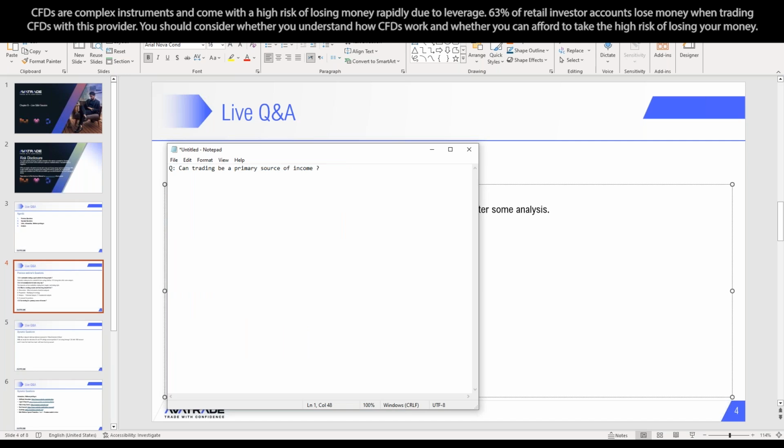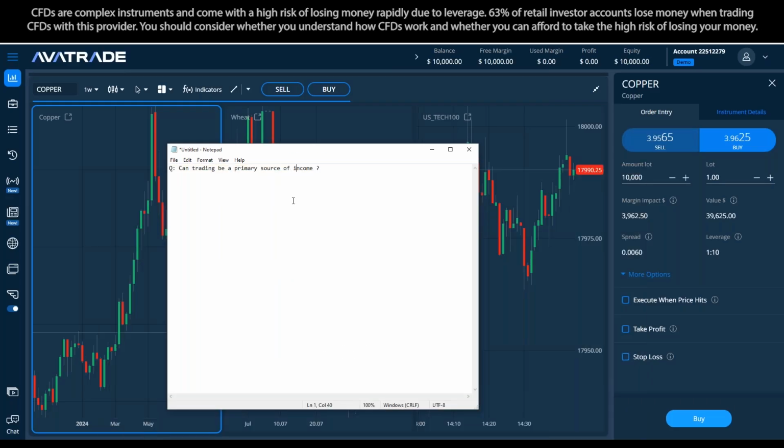Now, can trading be a primary source of income? I've got no problem to answer that question, but I guess you guys already know the answer, right? You know we are professional traders, so of course the primary source of income is trading, so it's self-explanatory. But actually, I would like to give an idea to whoever plans to consider or has already decided to become a pro trader.